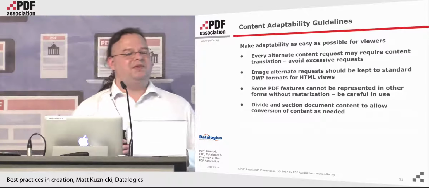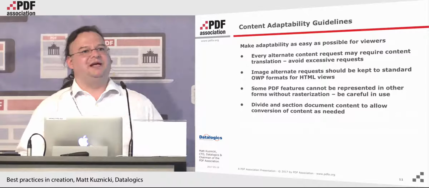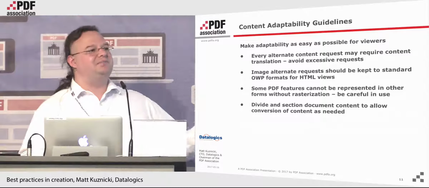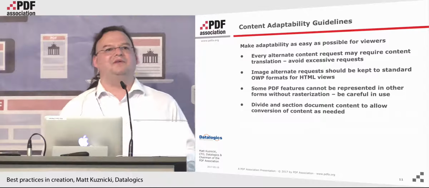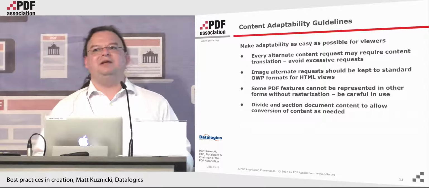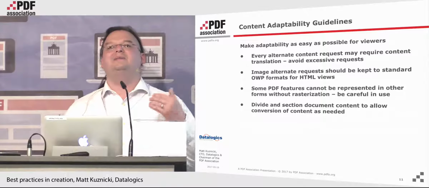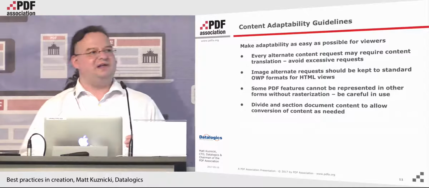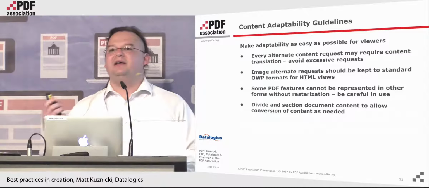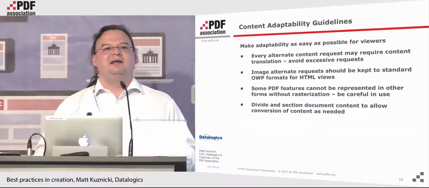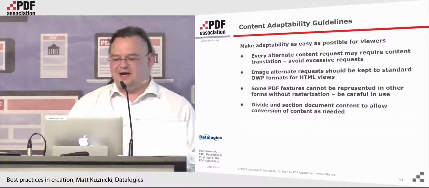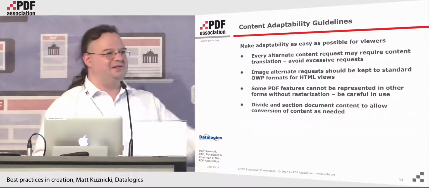Maybe last week when they were reading at their desktop. Now this week they remember seeing something and they want to pull out their phone and get back to where they were. Successful next generation PDF files will be authored in a way to make that cross-device, cross-time, cross-space navigation as easy, as quick, and as easy as possible. There's no easier term than easy, so I'll just use it twice.